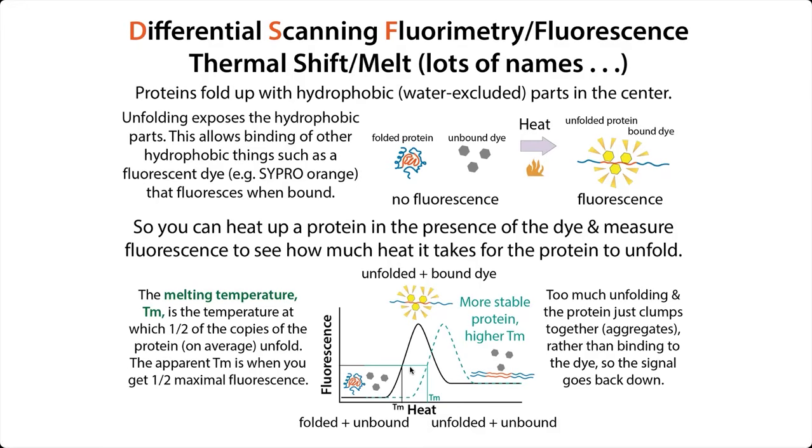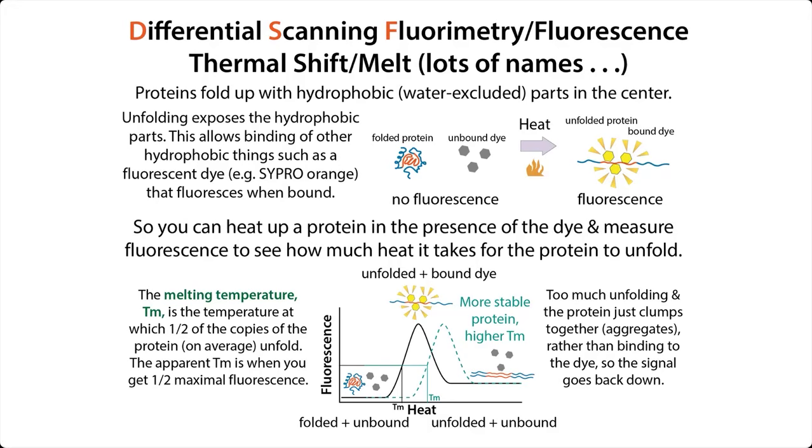The way that we compare these, at least for the thermal shifts, is with heat denaturation at this value called Tm. Tm is the temperature at which half of it is unfolded. One way that we can detect the unfolding is by taking advantage of fluorescent dyes that bind to hydrophobic regions of proteins.